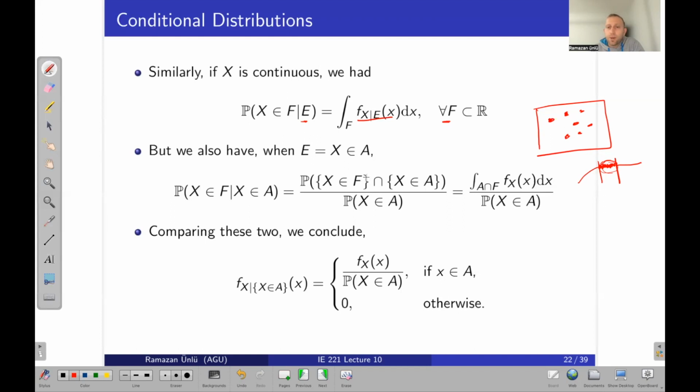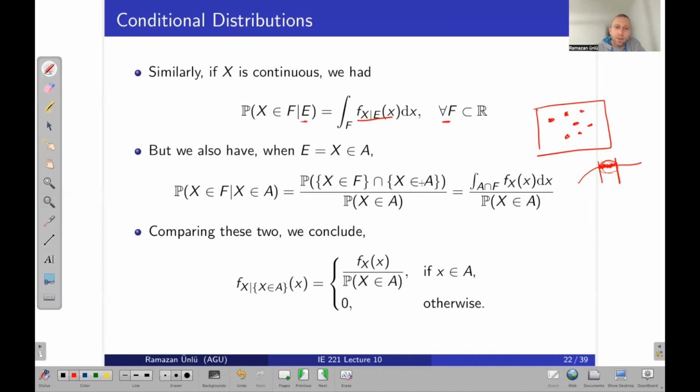I just need to evaluate the PDF f of x over the domain A intersect F. Instead of evaluating that integration over all possible values, I just need to evaluate that PDF over the given section. If we think of that as a line section, that should be the intersection of A and F. That is the valid limit of that integration.